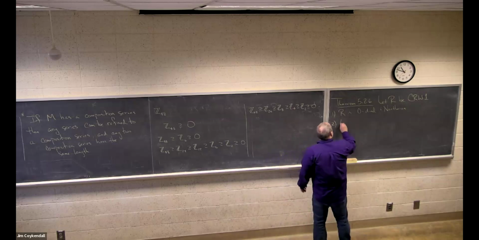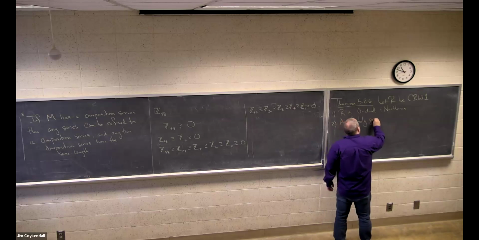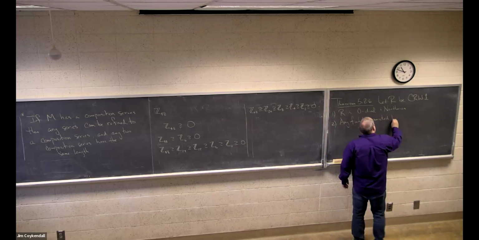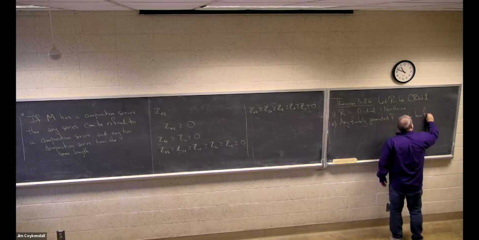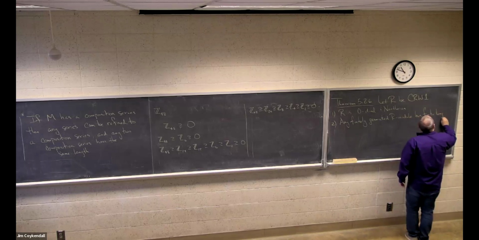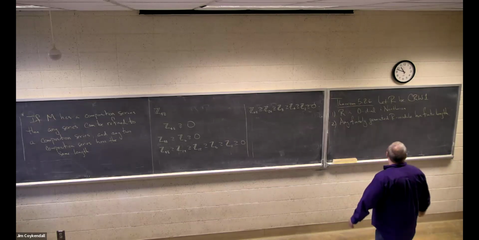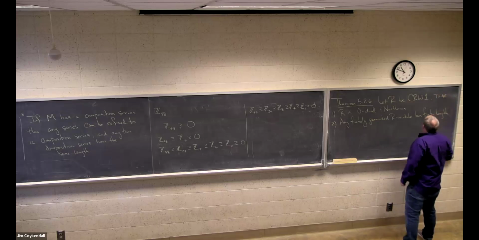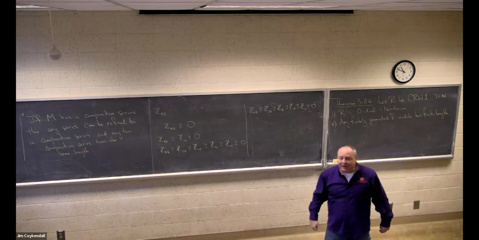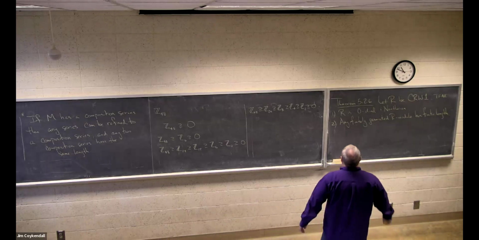Any finitely generated R-module has finite length. So the following are equivalent. One, when I say has finite length, what I mean is it's got a composition series of finite length, or has a composition series.